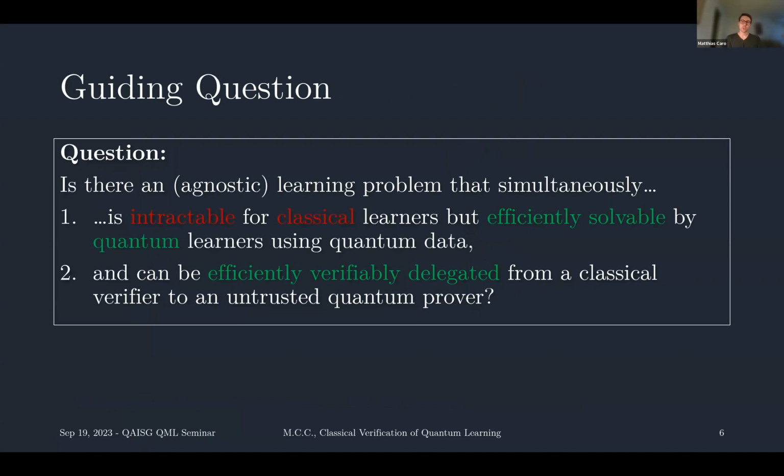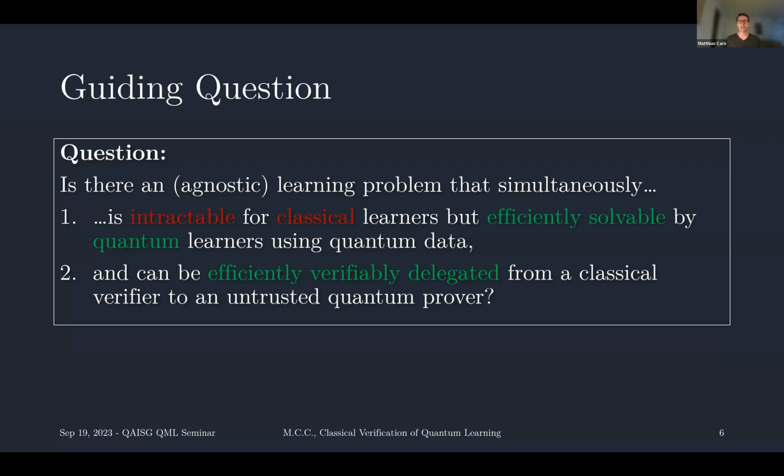More precisely, for this talk, we're going to look at this guiding question. What we want to do is we want to find a learning problem that has two features. The first is it should be intractable for classical learners, but efficiently solvable by quantum learners. And the second feature is that we want a classical verifier to be able to efficiently and verifiably delegate this learning problem to an untrusted quantum prover.